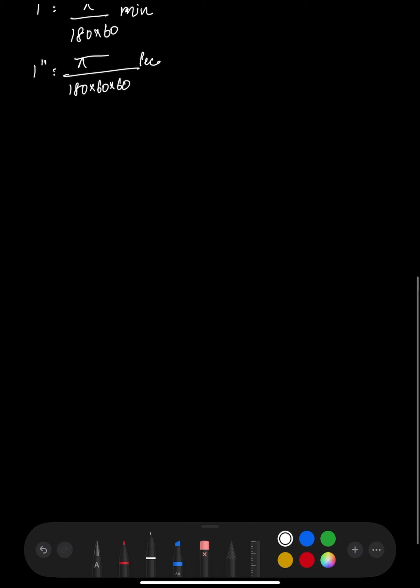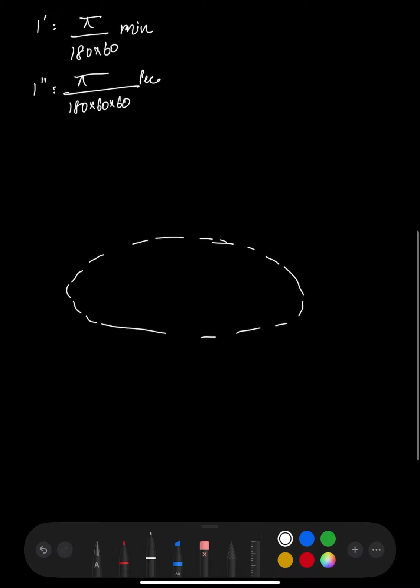Here what we do is use the orbit. Earth moves in an ellipse, right? So we use two points of Earth's orbit. Let's say there is a star or some planet very far away. Once Earth is here, we measure the angle.